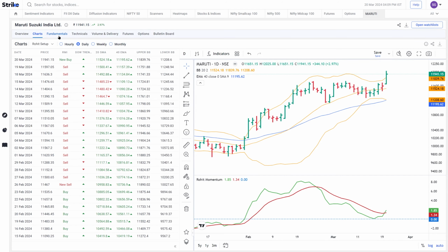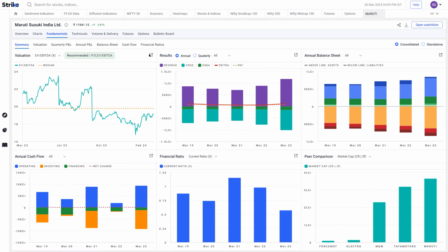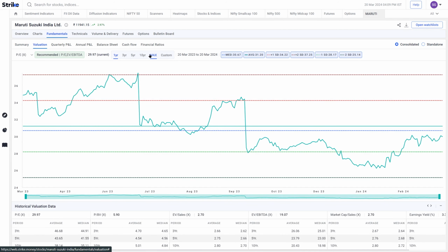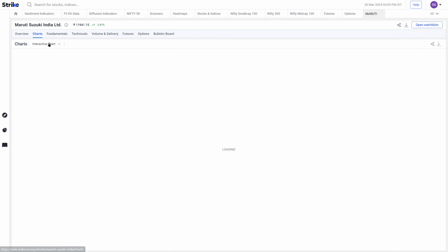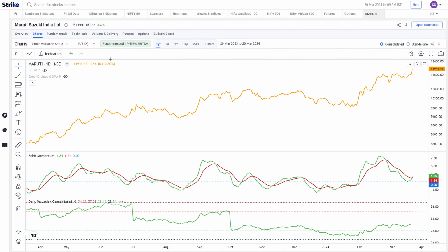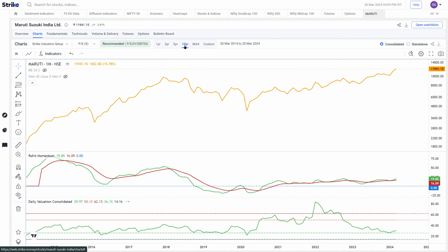For the long-term or fundamental investors, we can also go to the fundamental section and look if the valuations are not too expensive for entering that stock. Let me go to the Strike valuation setup directly so that we focus on momentum as well as price together. I'm going to a 10-year chart.